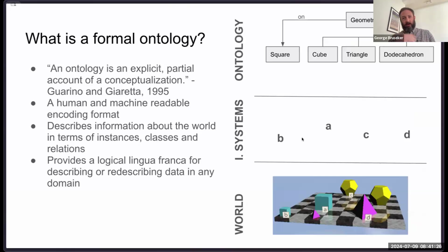So we've already introduced the term formal ontology a couple times. Annabel has already introduced the basic idea, but I'll just re-emphasize it. Formal ontologies, I think, are nicely captured by the short quote of Guarino: an ontology is an explicit partial account of a conceptualization.